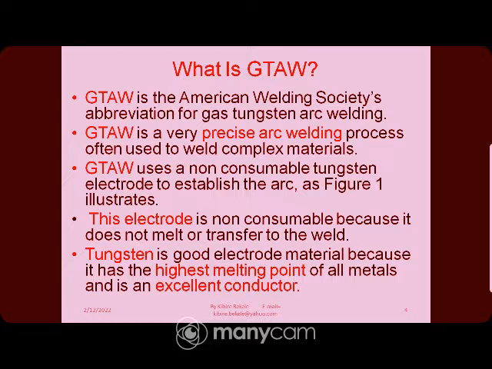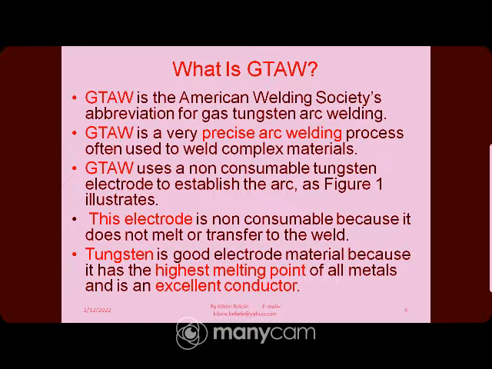So tungsten is a good electrode material because it has the highest melting point of all metals, and it is an excellent conductor. This means it can simply conduct the electricity to the arc. So from its properties, it has excellent conductivity and the highest melting point.